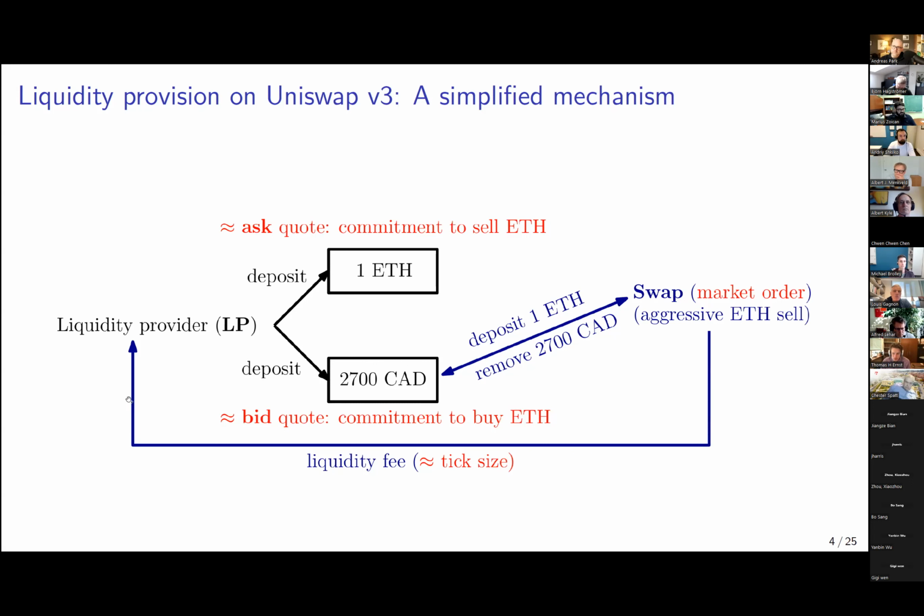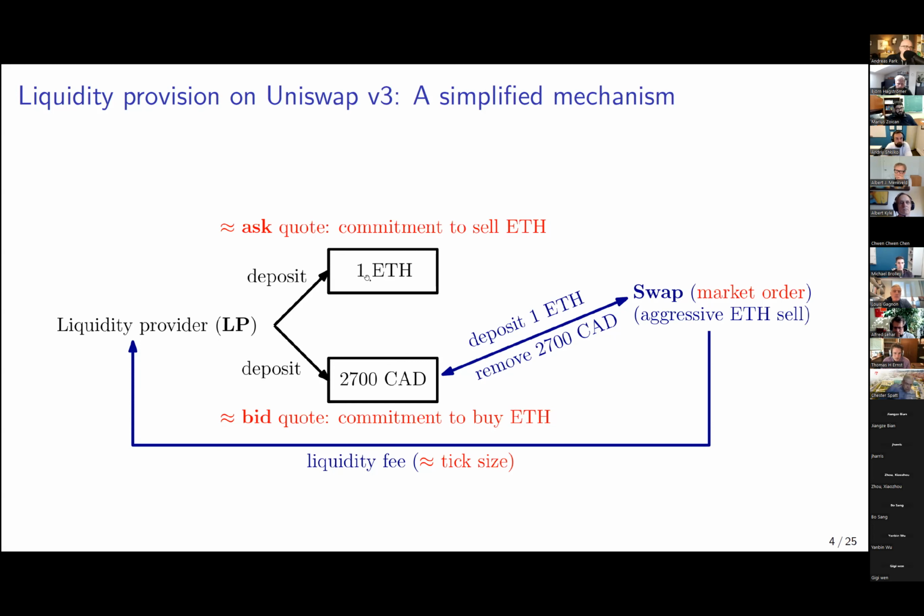And they have to pay a liquidity fee to the liquidity provider. So that's a compensation for providing liquidity. And you can think of this as sort of equivalent to a tick size on the market. And a lot of the literature so far has focused on how this price is being set, right?